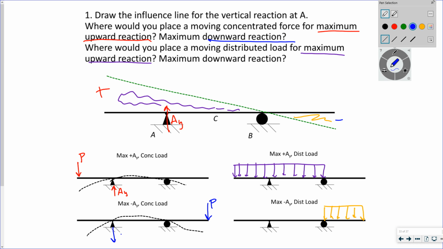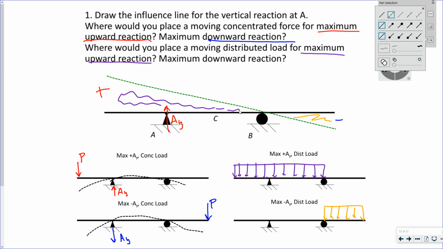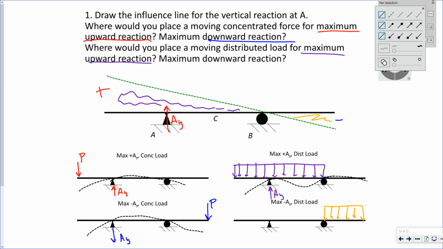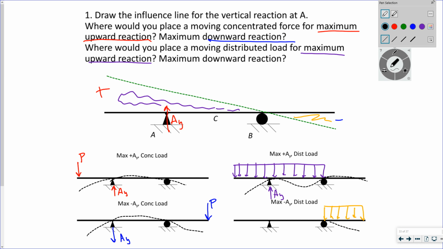Applying a downward force. It's keeping it down, right? If I think about these ones, it's applying an upward reaction force. If I look at this, it's probably keeping it down again.